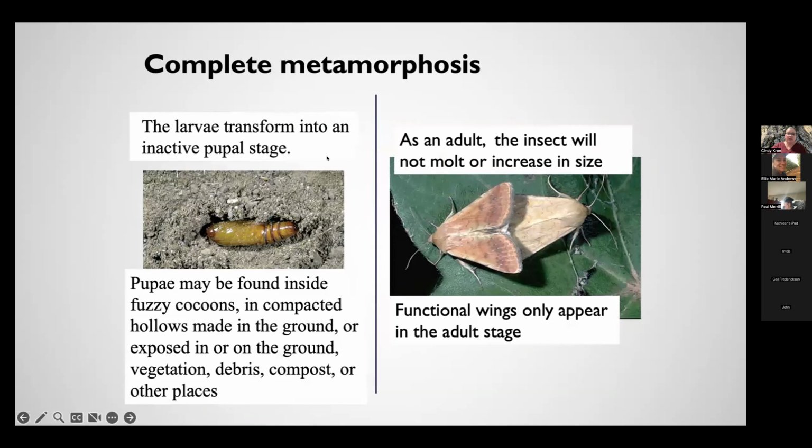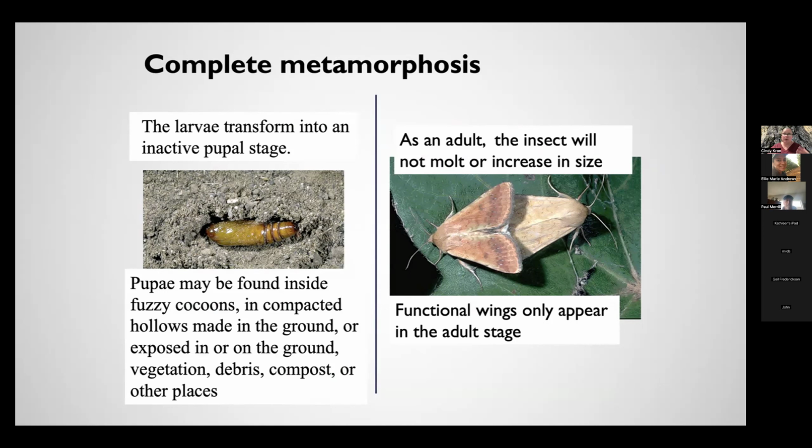The larvae transform into an inactive pupal stage, and you can see their pupas range and what they look like, but it's inactive. And they can be found inside of fuzzy cocoons, in compacted hollows made in the ground, or exposed in or on the ground, vegetation, debris, compost, or other places. As an adult, the insect will not molt or increase in size.